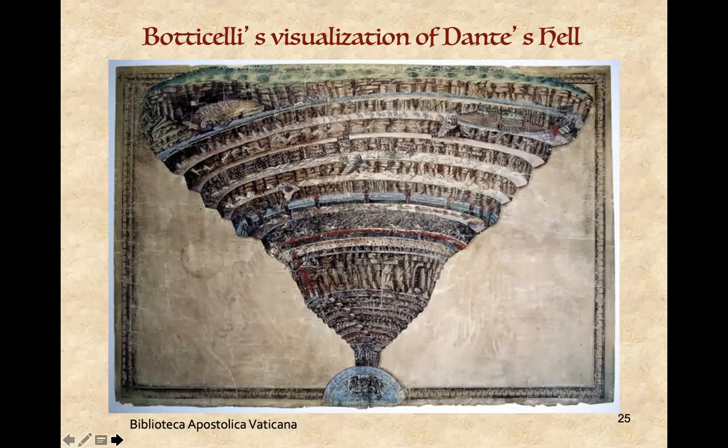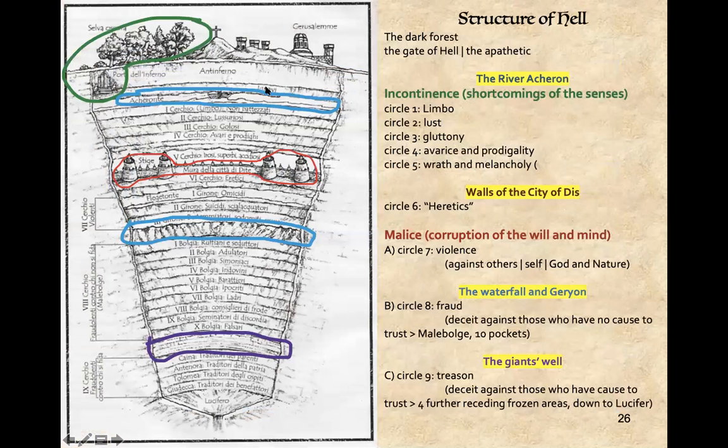Dante's hell looks like a funnel, as you can see here in Botticelli's visualization of it. And before we travel through it, we should maybe take a moment to look at the structure that Dante gives to this Inferno. We have talked about what happens at the outskirts, outside Inferno.